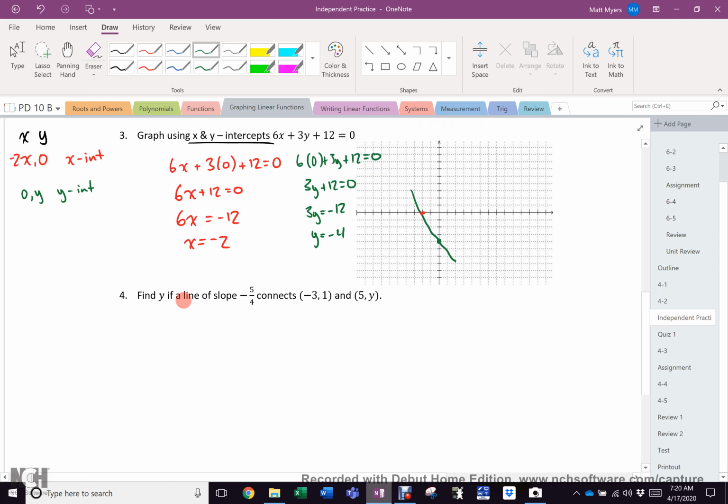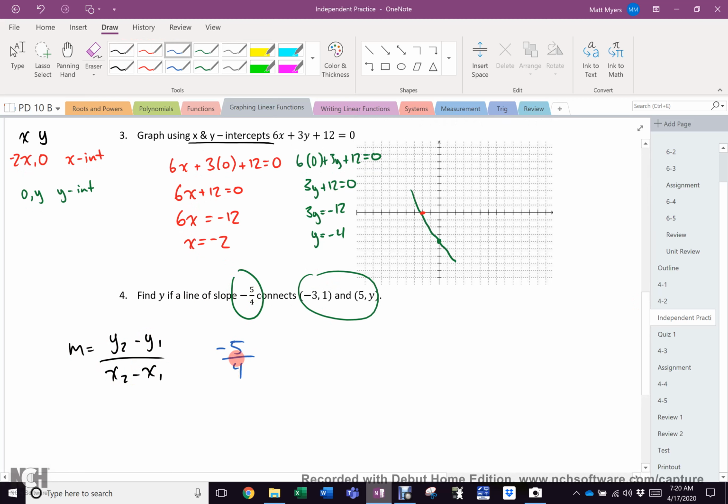And lastly, find the slope of that line that connects those points. So we remember, slope equals y2 minus y1 over x2 minus x1. Well, our slope is negative 4/5. So I'm going to go ahead and put the negative with the 5. It could go with the 4.